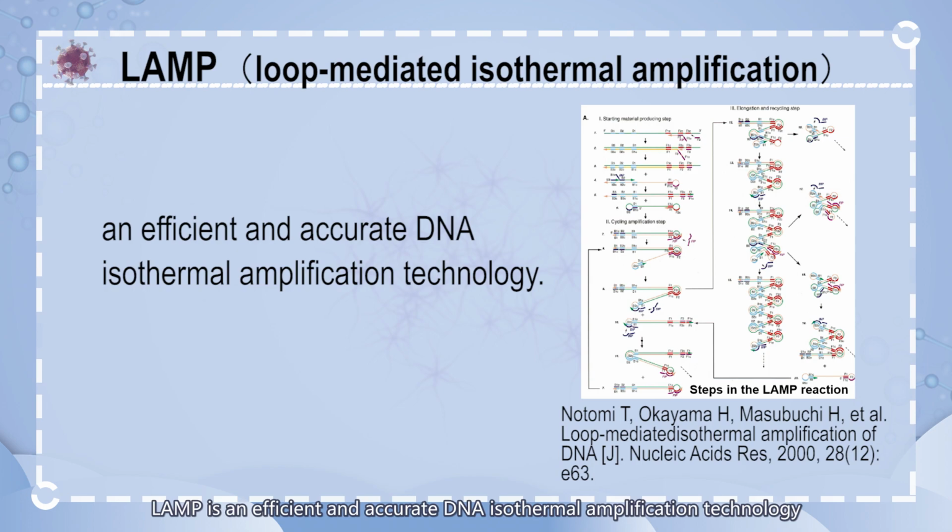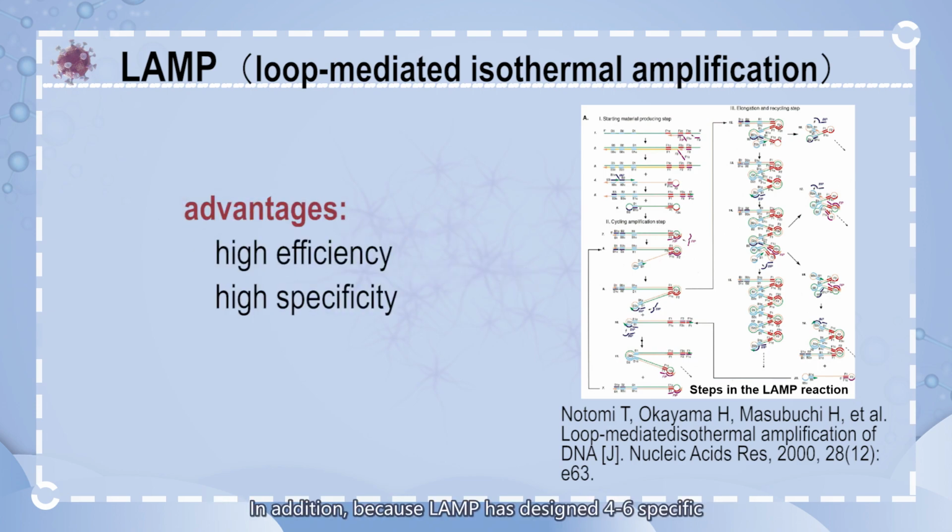LAMP is an efficient and accurate DNA isothermal amplification technology that can achieve exponential amplification of DNA at 60 to 65 degrees centigrade, and its amplification efficiency is 10 to 1,000 times that of PCR. In addition, because LAMP has designed 4 to 6 specific primers for the 6 segments on the target DNA chain, the specificity is also very high.